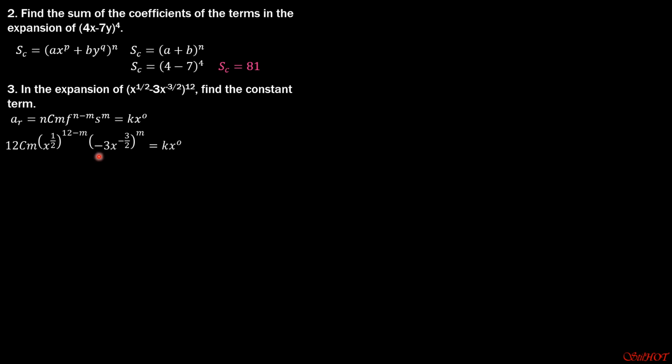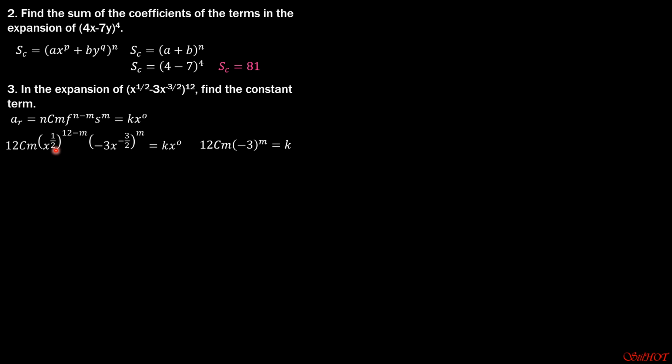So for the constant, there's no constant in the first term, but the second term has, so it can affect the constant. So the constant term is 12 C m, negative 3 to the m. But we do not know m yet, so we find m first by equating the exponents of x. So let's simplify this.